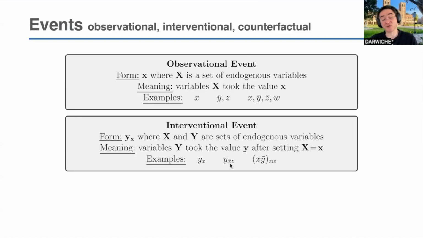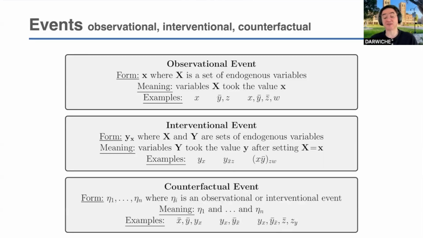I set x to false, z to false, and as a result, y became true. And here you see compound variables. So I set z to this and w to this. As a result, x took this value and y took that value. Clear.